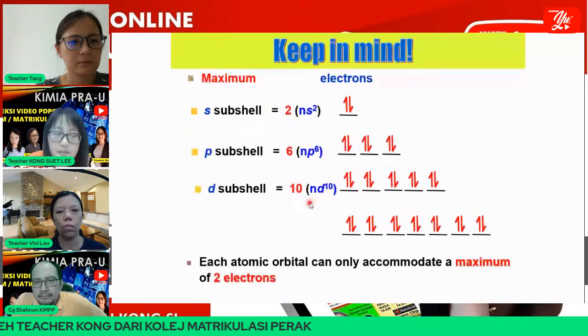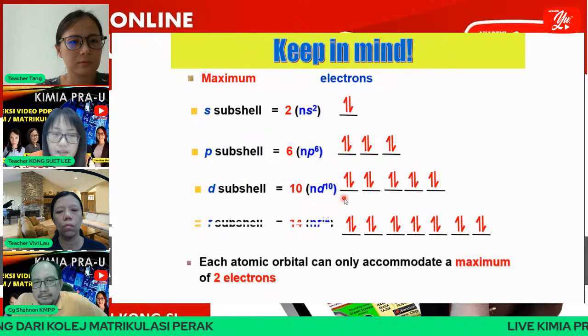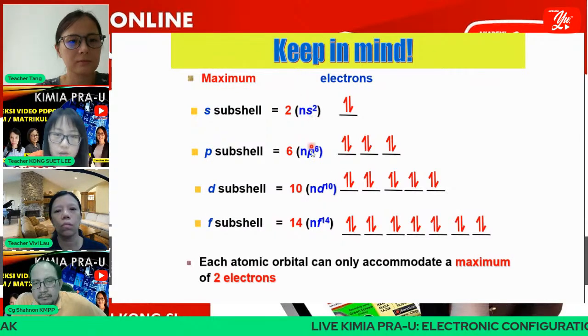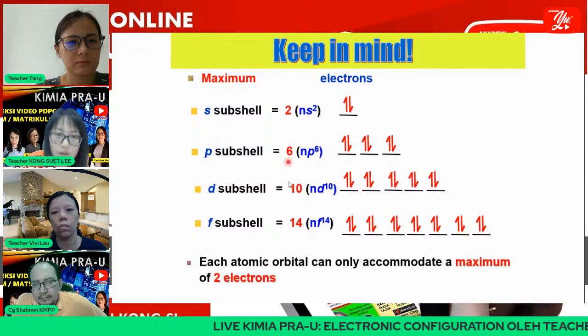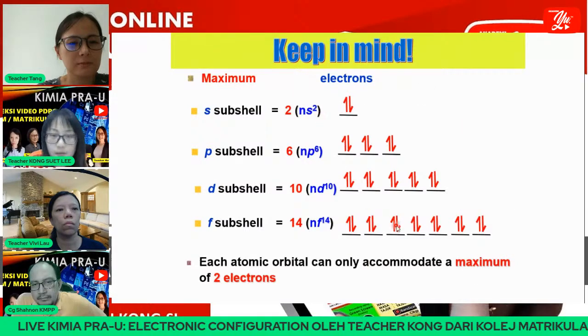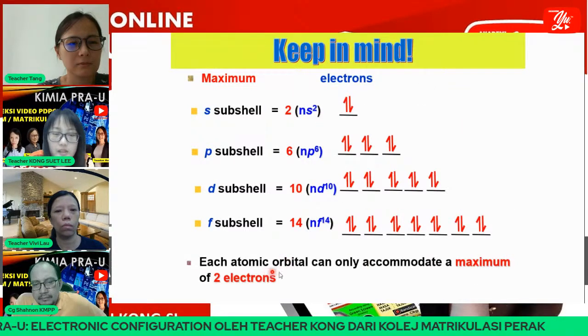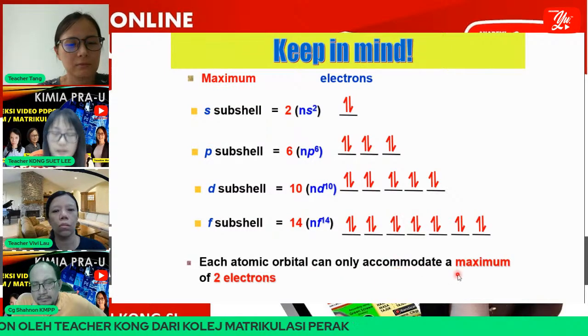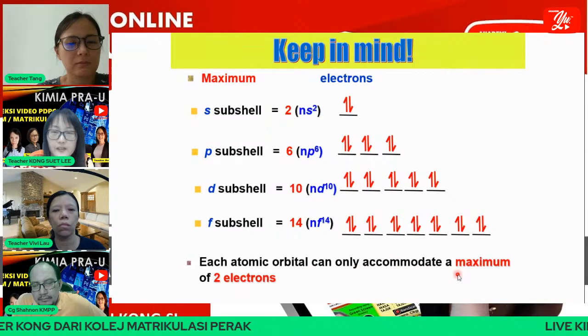D subshell, maximum is 10, d10. F subshell is 14, f14. The s2 and p6 are normally for SPDF notation, and here is for the orbital diagram. Always remember, each atomic orbital can only accommodate a maximum of 2 electrons.